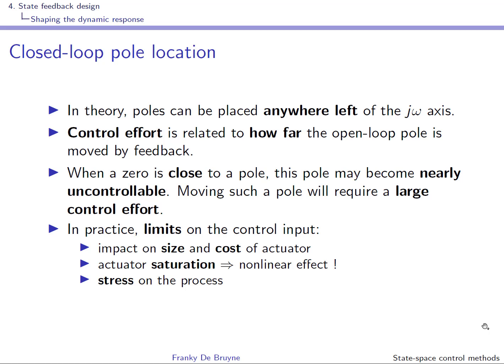Another problem is that sometimes in systems the zero is close to a pole, and remember that when you have a zero pole cancellation, the system might become uncontrollable. If you have a zero that is close to a pole, it might be controllable, but it will be badly controllable. So moving such a pole away will require a large control effort.